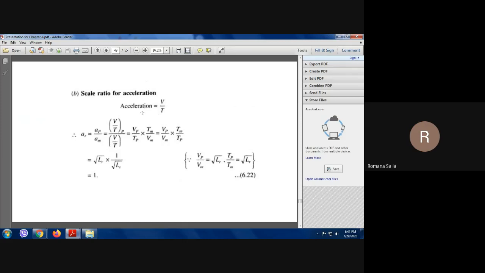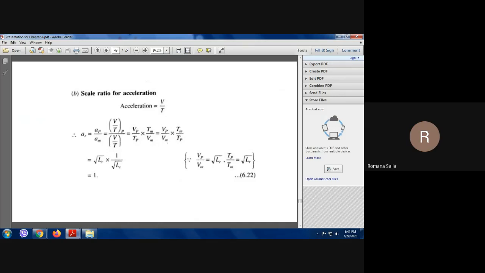Now the scale ratio for acceleration. In the same way you can find these out. Acceleration is equal to velocity by time. So Vp by Tp over Vm by Tm, and in a similar way, Tm should go up: Vp by Vm into Tm by Tp.